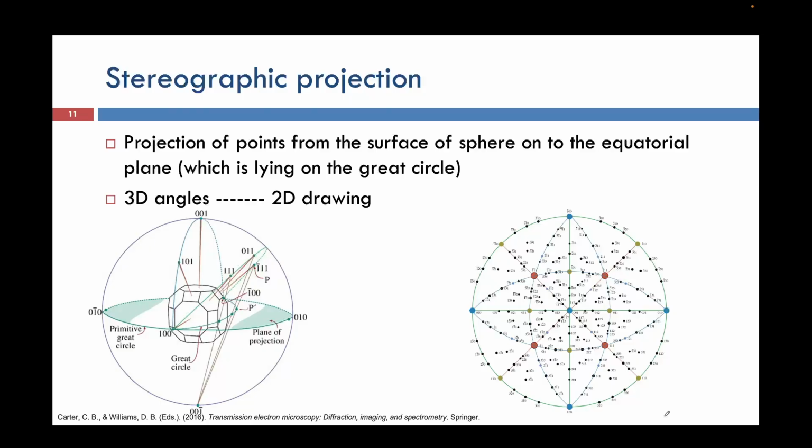Imagine a crystal like this. All these faces you can see: this one is a square face with 4 sides, this one has 8 sides, and this one has 6 sides, right?